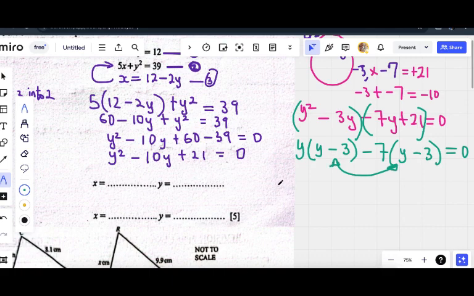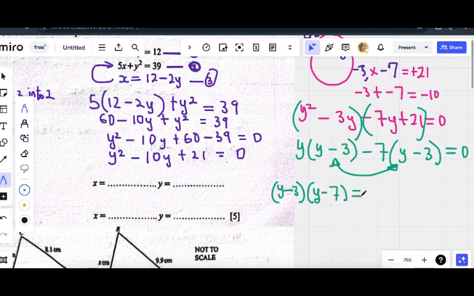So we have y minus 3 in one bracket, and then this y minus 7, we put together in the second bracket, and then we equate to 0.